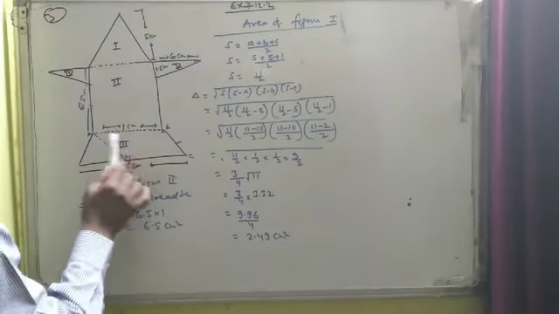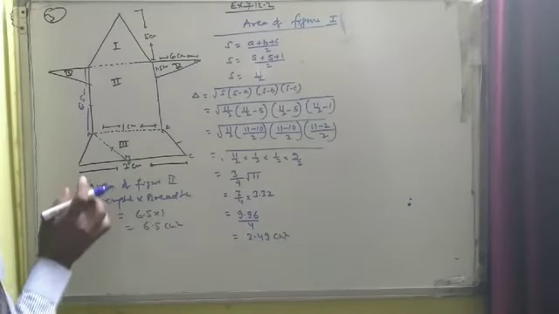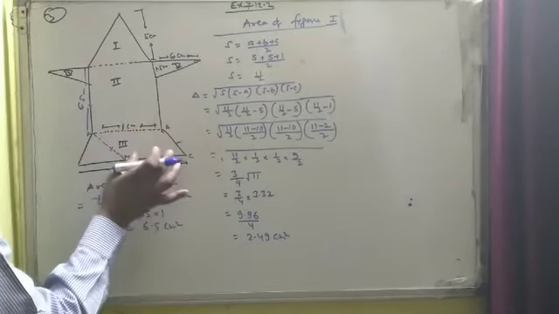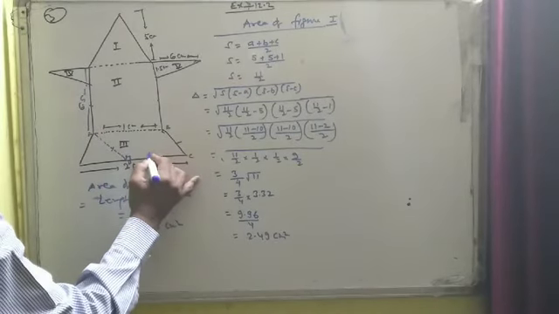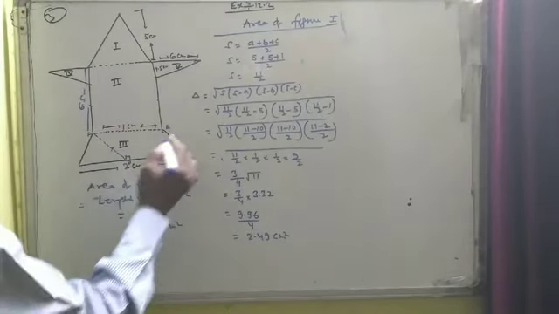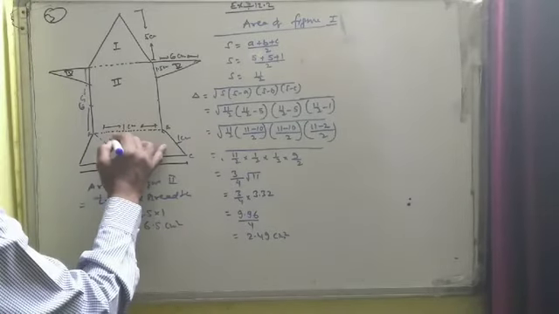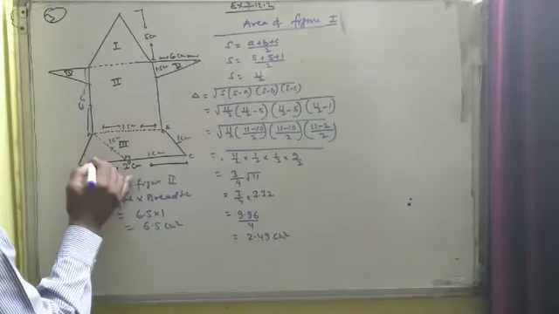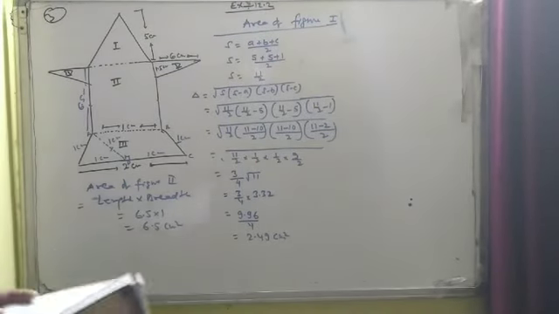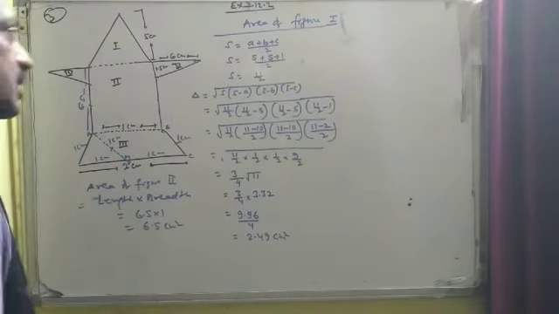So this figure ABCD is a parallelogram, and if this side is 1 centimeter, obviously this side also will be 1 centimeter, because the opposite sides of a parallelogram are equal. In the question, this side is given 1 centimeter, so obviously this one also is 1 centimeter, and this is also 1 centimeter. So all the three sides of this triangle are of 1 centimeter each.